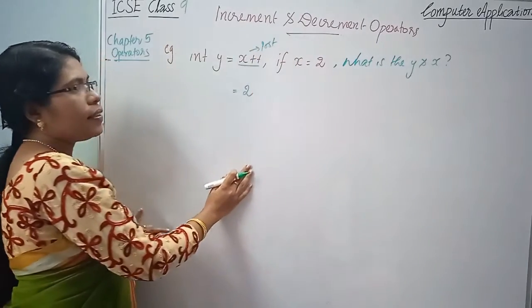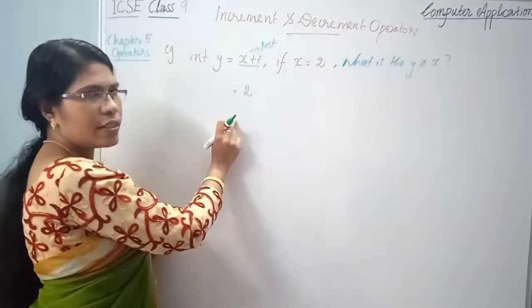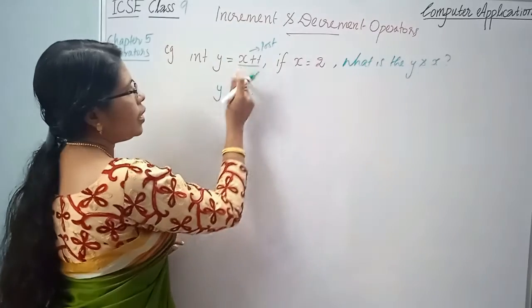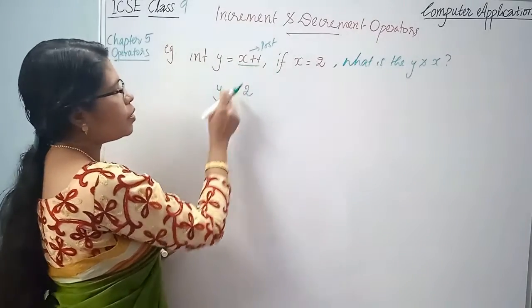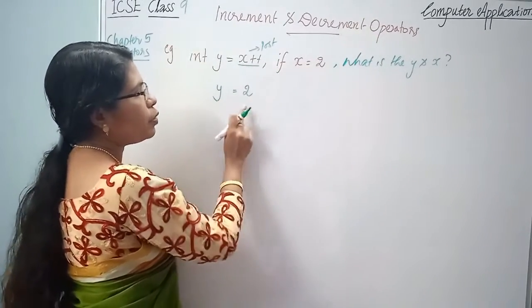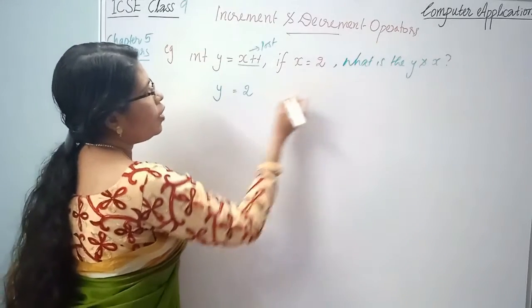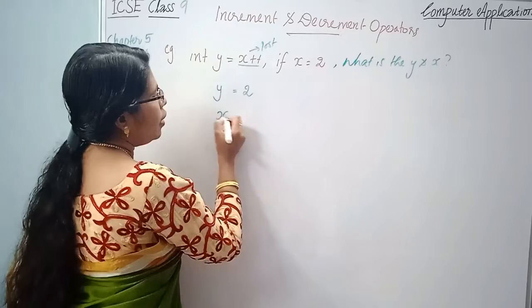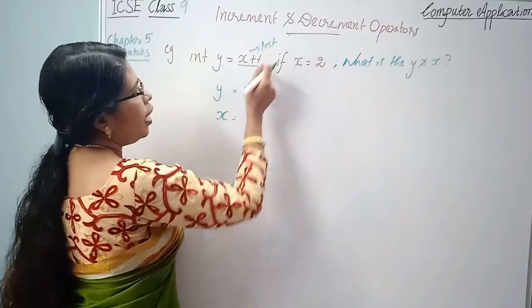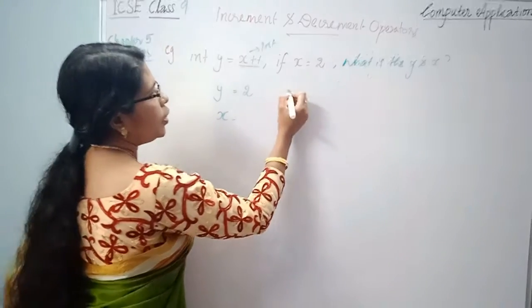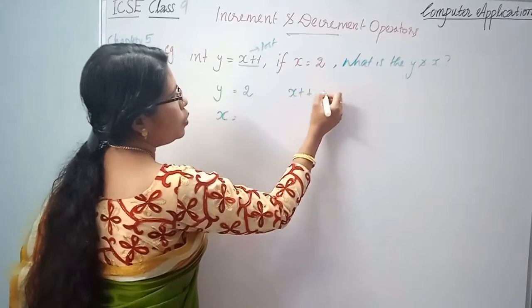Post increment means we will use the value first. So y is assigned x plus plus, so we will use the value, y equal to 2. Then what is the value of x?